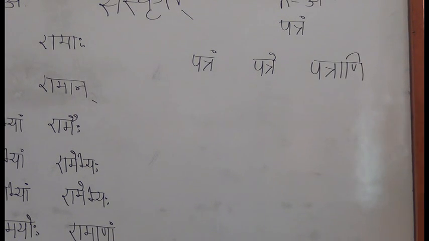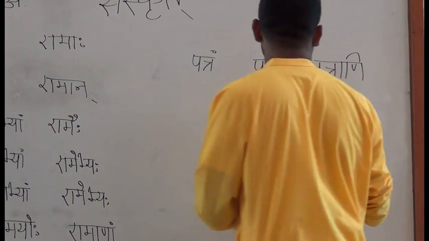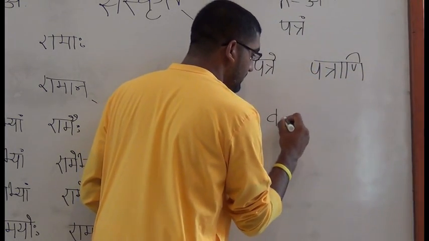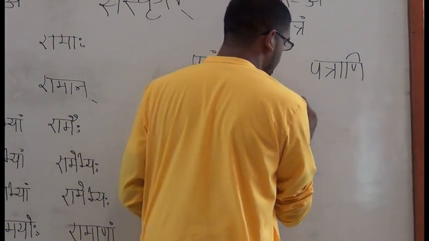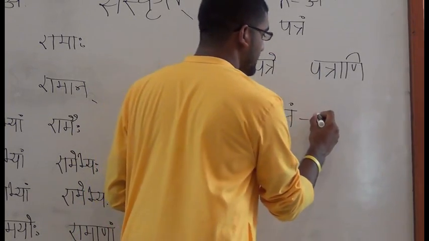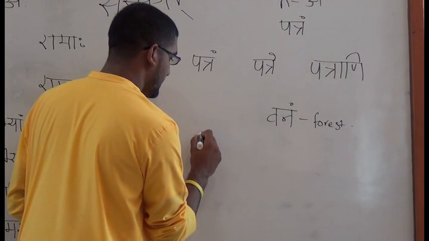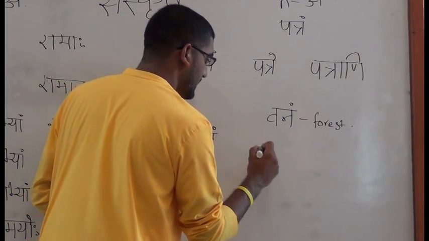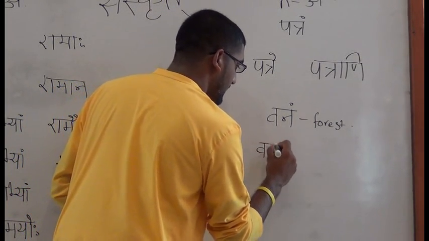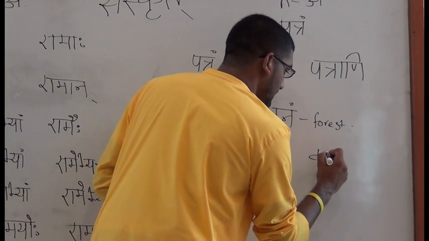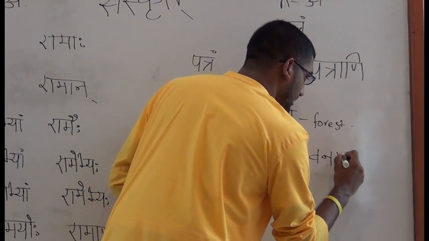Because initially our model for the neuter noun ending in a was that of vanam. Everybody remember vanam? Vanam means forest. So we had vanam, vane, vanani.